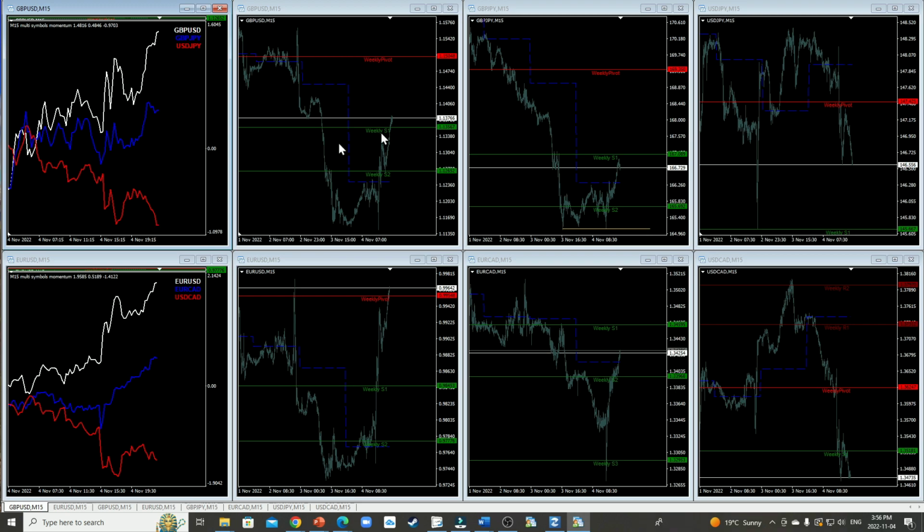Of course, this is normal because this one is against the other one. GBP USD and USD yen will always trade opposite to one another because the USD is inverted. But even with that, I can always identify which one is in the middle.